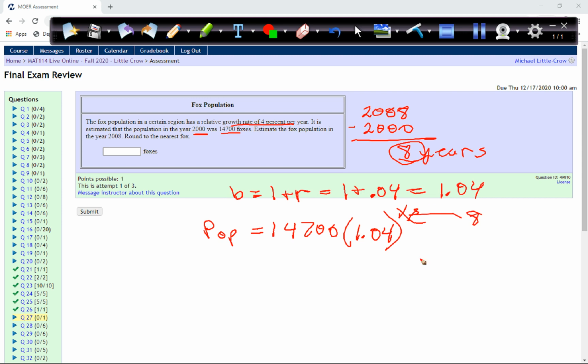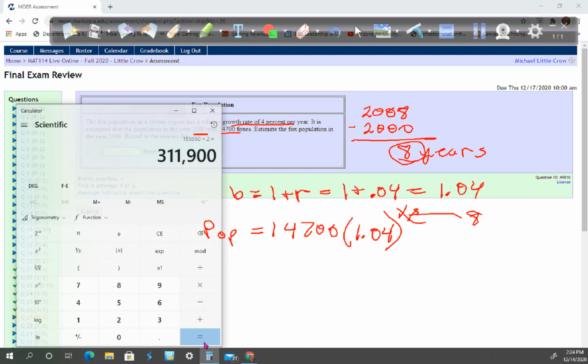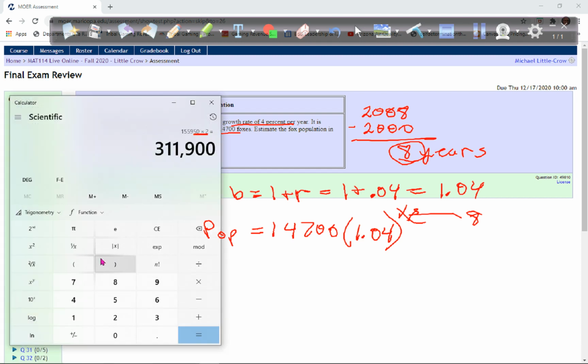We can do this with a scientific calculator or any calculator that has an exponent key, and this one does. So let me clear it out. 14,700 times 1.04, and I use this x to the y, and that's 8 years. So notice it's right here, to the 8th power.